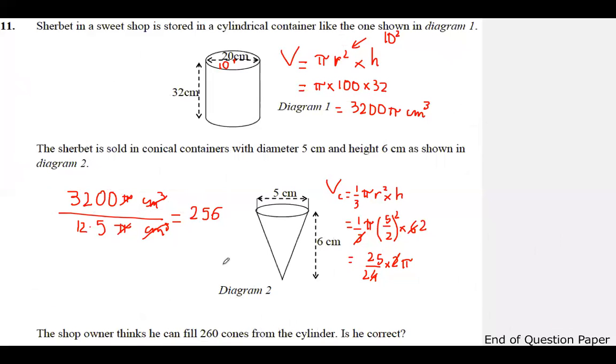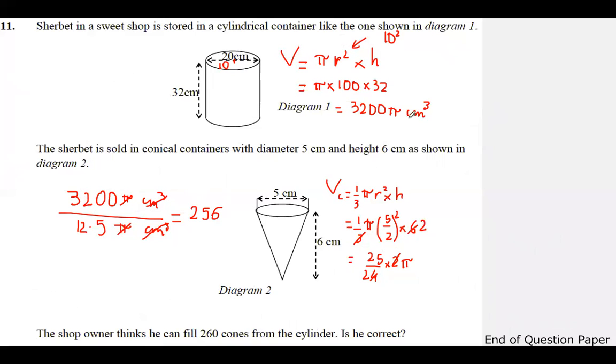I got that exact answer, 256, but with different numbers for the cylinder. So basically what you've done is 3,200 times pi, which gives you massive numbers. And remember, the more you write, the more chance you have to make a mistake. But that's okay, as long as you get it right or you double check.